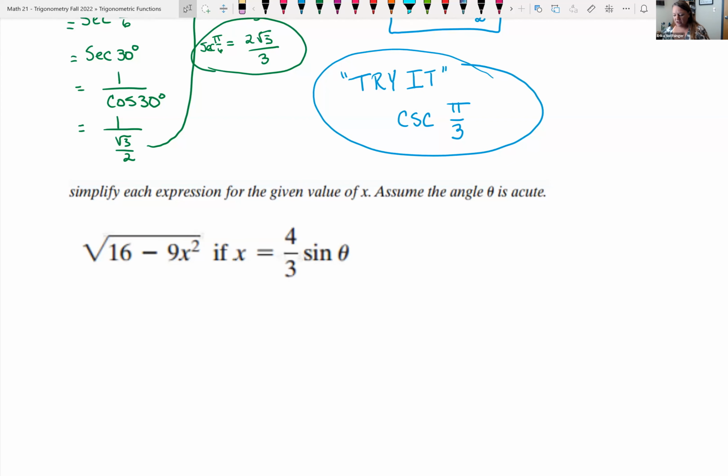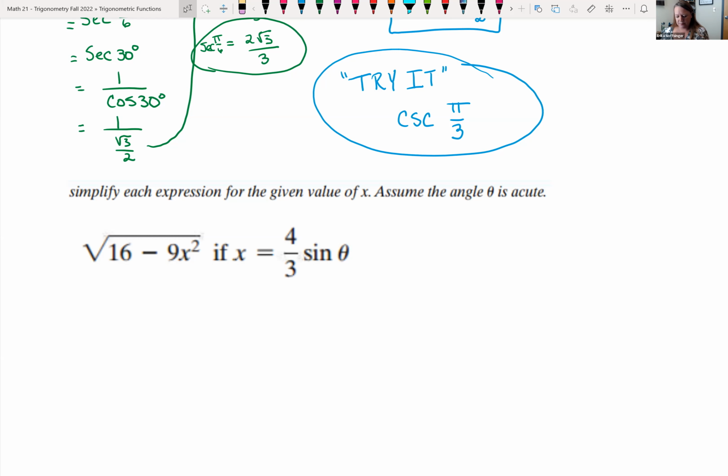Okay, so you should have paused the video if you were watching this and taken the moment to try cosecant of pi thirds. That, with the other try it beforehand, you're going to upload again into the Canvas assignment for this week that I'll create.